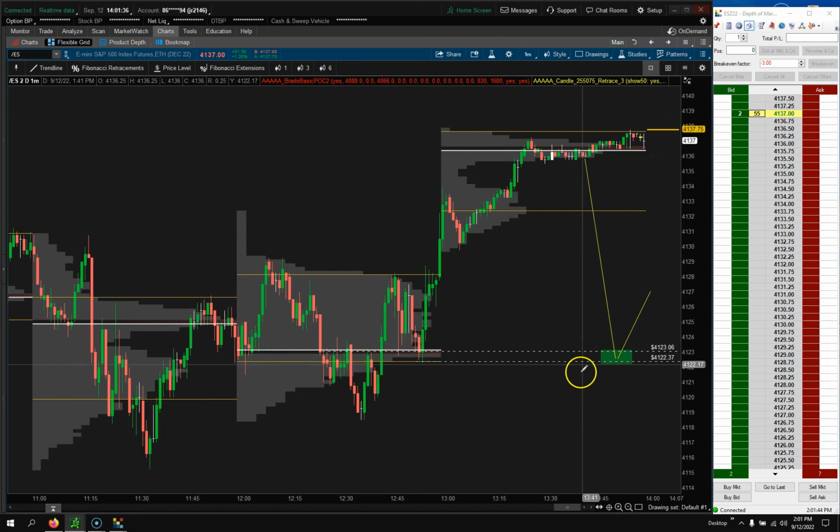If we come back into it, there's also a value area low and a point of control on the market profile that hasn't been tested. Multiple things. Maybe there will be a 200 period moving average sloping up. You know what I'm saying, right? And that's what our edge is, and then it makes us better traders.